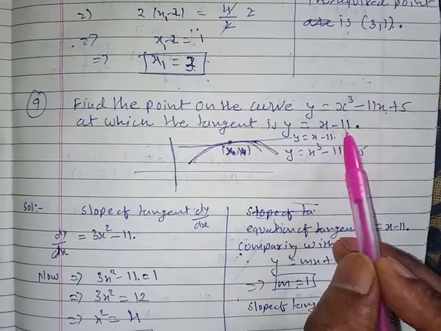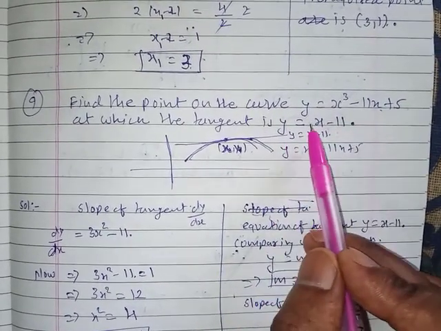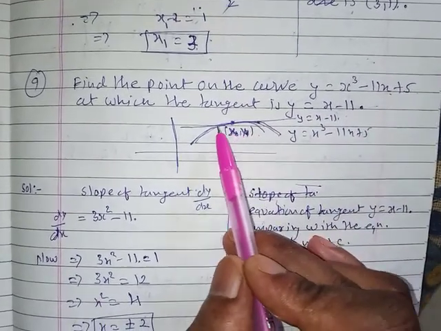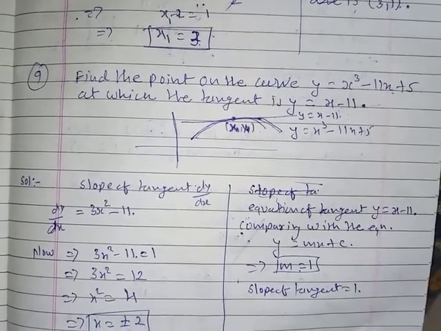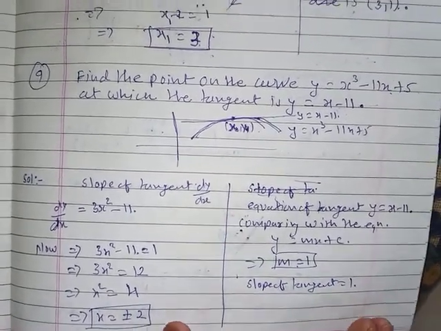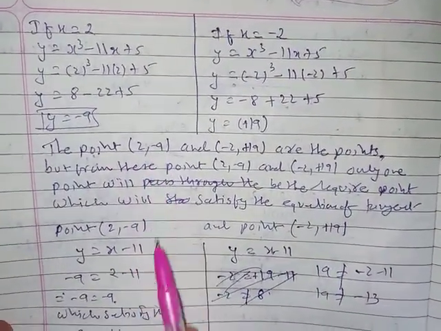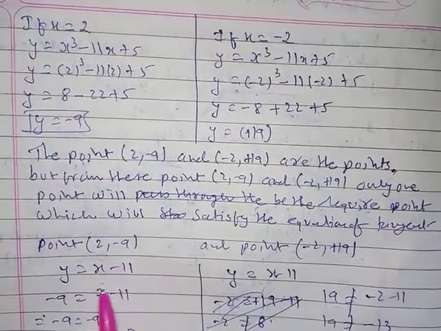So how will it be satisfied? The equation of the line is given. If we substitute x and y, and both the sides are equal, then that will be the only point on the curve through which the tangent is passing. So take the point 2, minus 9 and substitute.